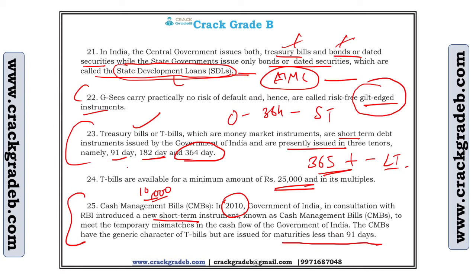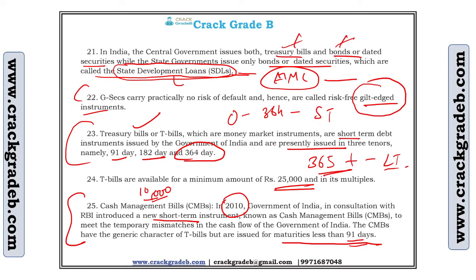Look, treasury bills, the tenor cannot be 70 days, 60 days, 50 days, 30 days. It has to be either 91 days or 182 days or 364 days, right? But what if the government wants money for 30 days? What if the government wants money for 50 days? So in that case, it's the CMB that comes into the picture, and using CMB, the government can borrow money for 30 days, 50 days, 46 days, 75 days.